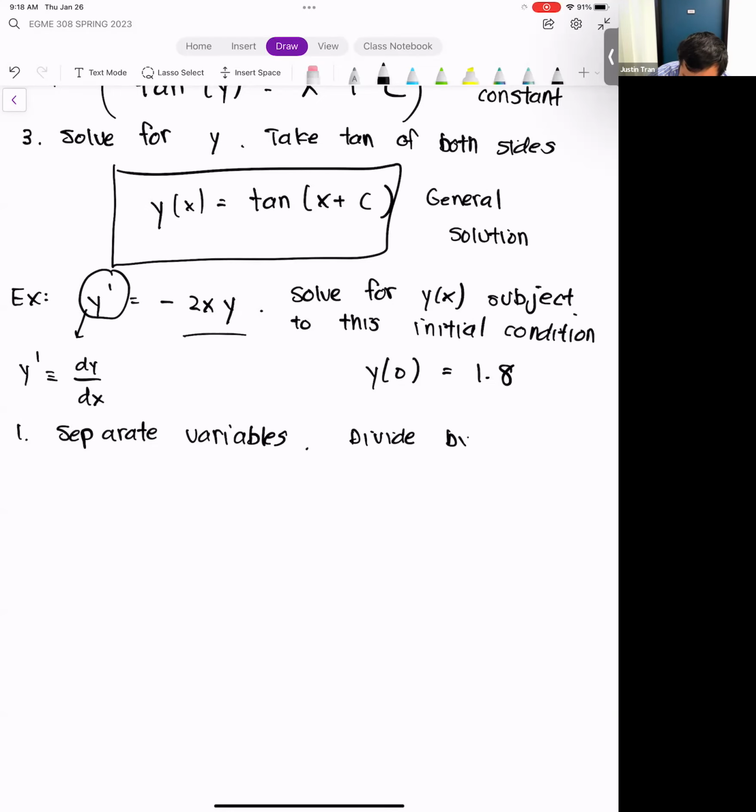On the left-hand side, we have 1 over y times y prime equal to minus 2x. By doing that simple trick of dividing by y, we've successfully separated the equation. On the left-hand side, we have a function of y. On the right-hand side, we have a function of x. So we're good to go.